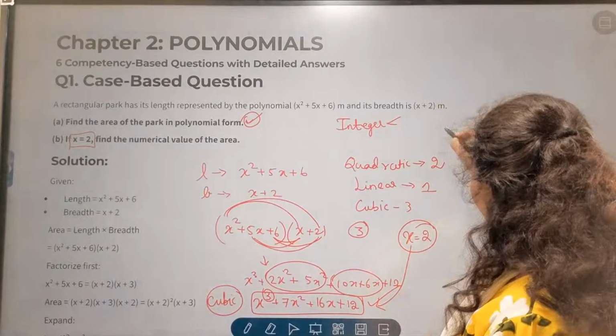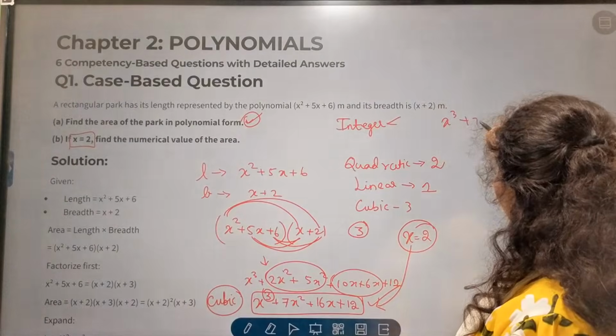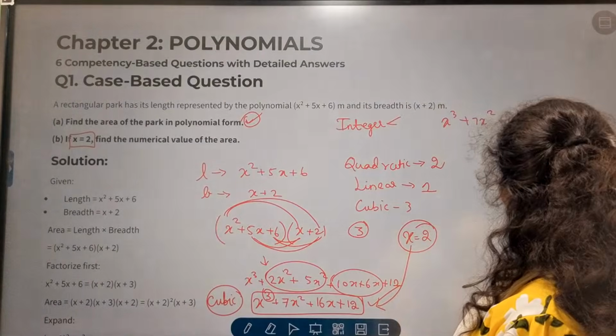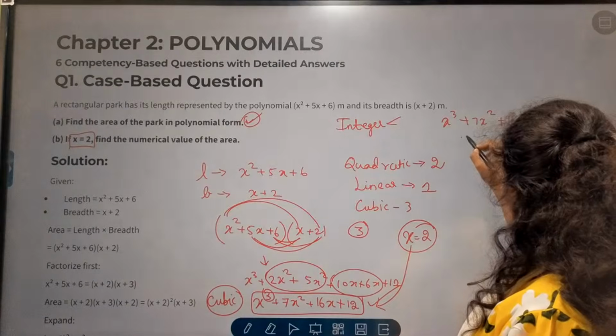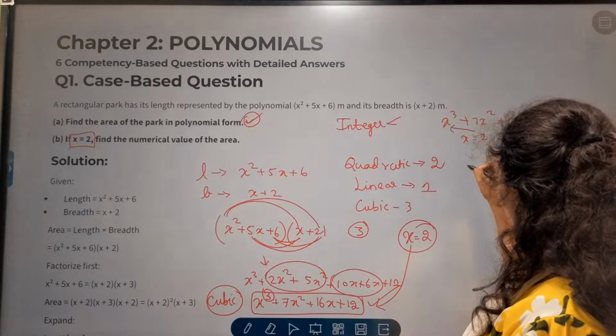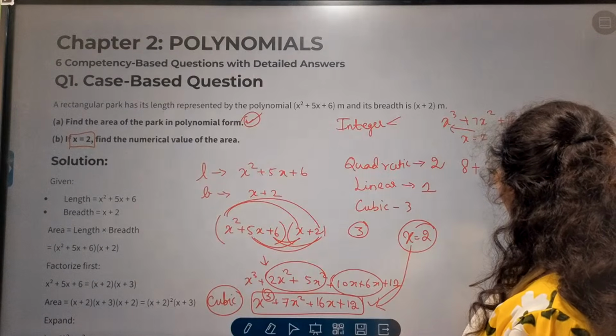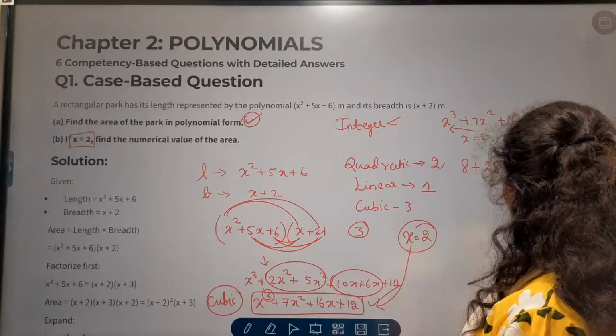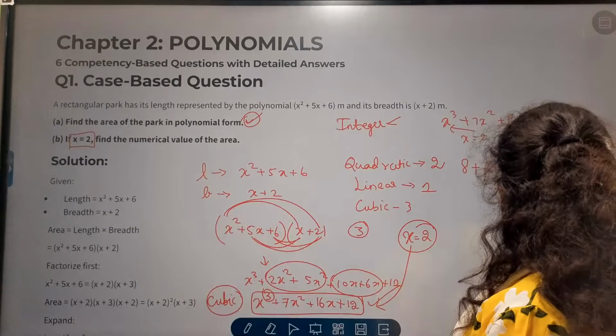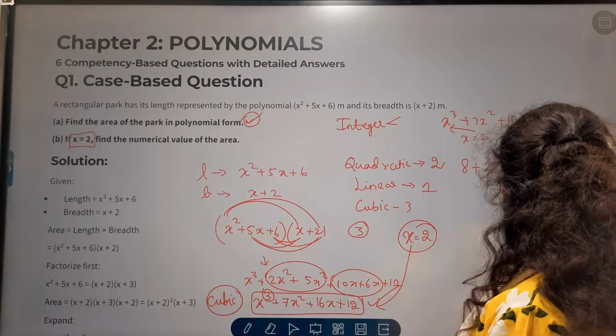So x cube plus 7x square plus 16x plus 12. So x is equal to 2. So 2 cube is 8 plus 28 plus 32 plus 12.